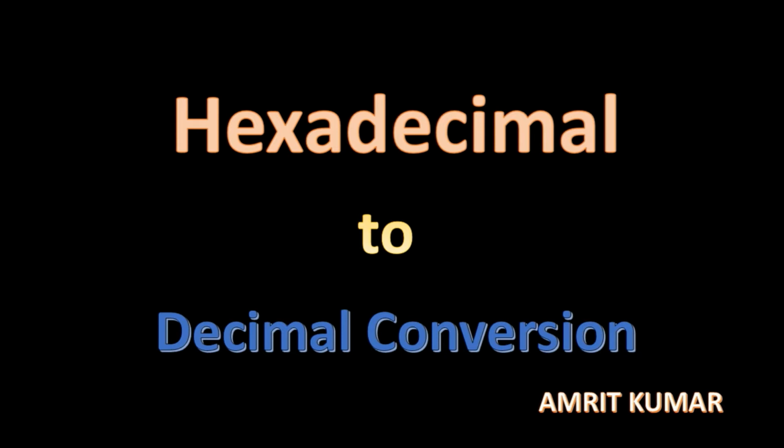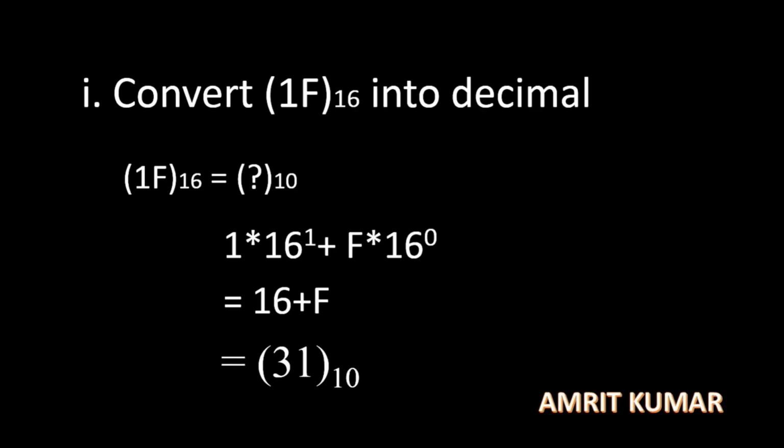So let's look at hexadecimal to decimal conversion. We have a question: how to convert a hexadecimal number into a decimal number. Here I have to convert this hexadecimal number, because the base is 16.